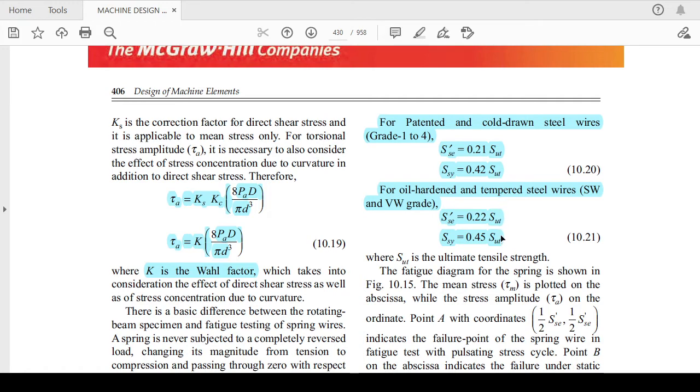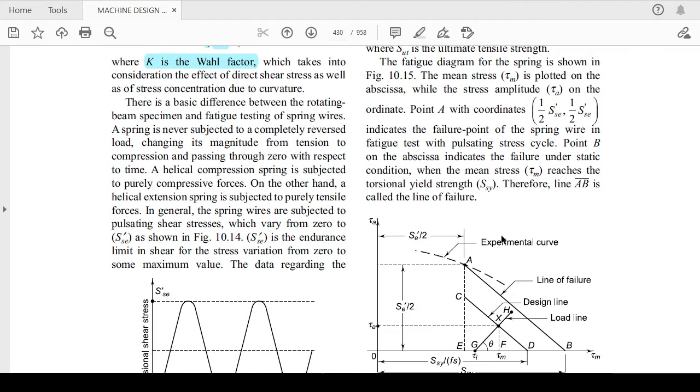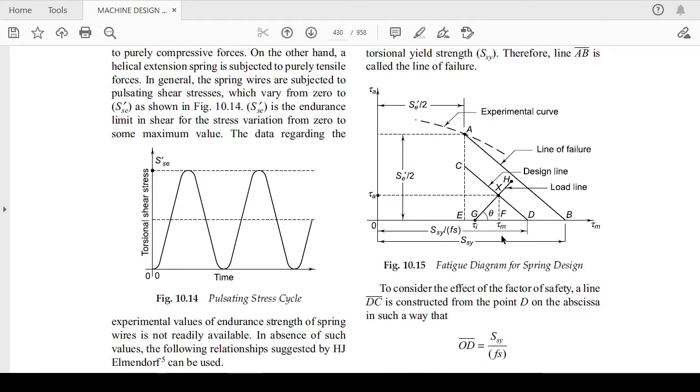SUT is the ultimate tensile strength. In this way you can go through it, and after that you can draw the diagram as it is drawn for your Soderberg line as well as your Goodman line, whenever you are drawing graphs for designing against fluctuating loads.